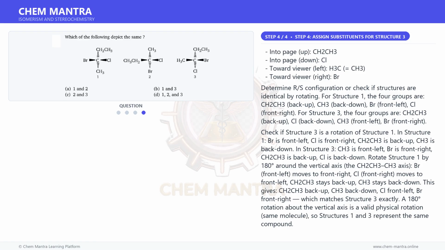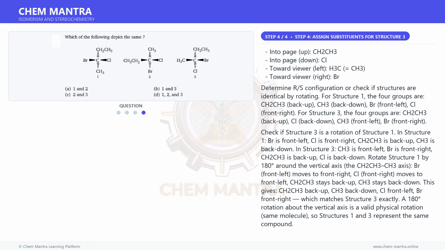Check if structure 3 is a rotation of structure 1. In structure 1, Br is front left, Cl is front right, CH2CH3 is back up, CH3 is back down. In structure 3, CH3 is front left, Br is front right, CH2CH3 is back up, Cl is back down.